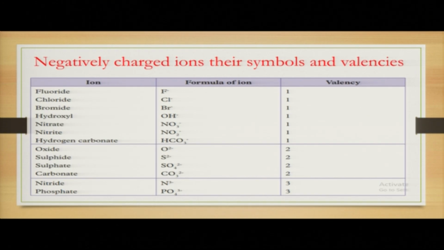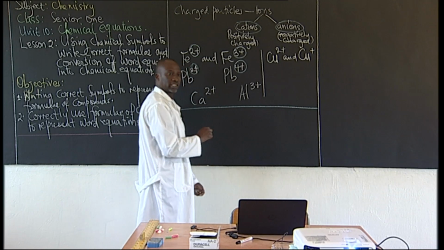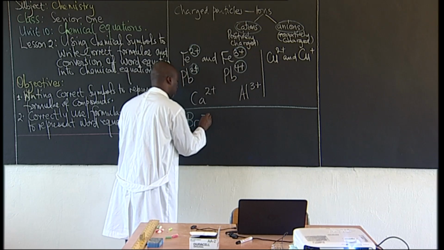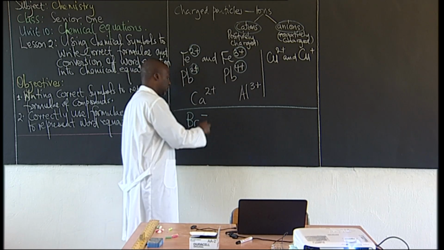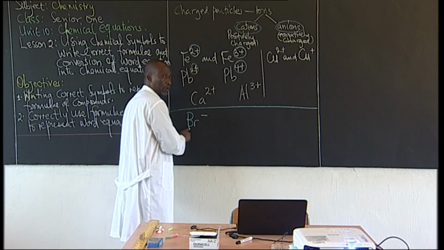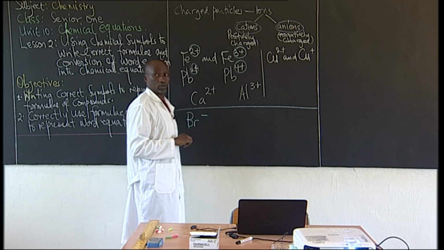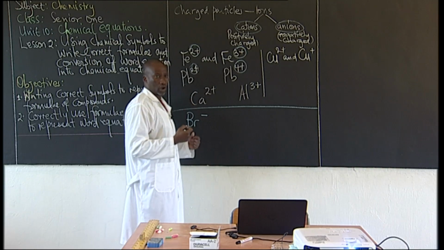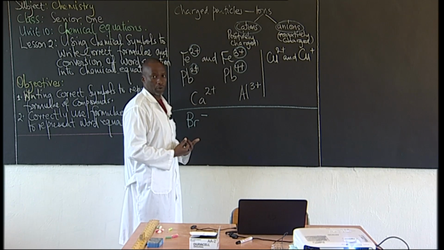But they are negative. There are some values there. You will see a negative charge. For example, similarly, as we have mentioned before, when we write a bromide like this and we put a negative charge, it means the charge of the bromide is 1. It is negative, but we are just looking at the value. How many negative charges are on bromide?